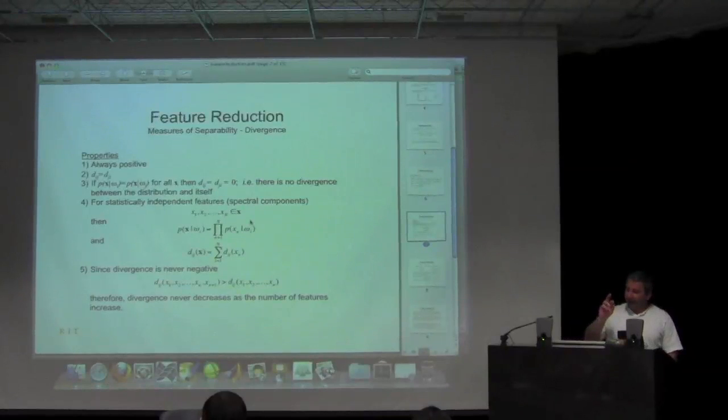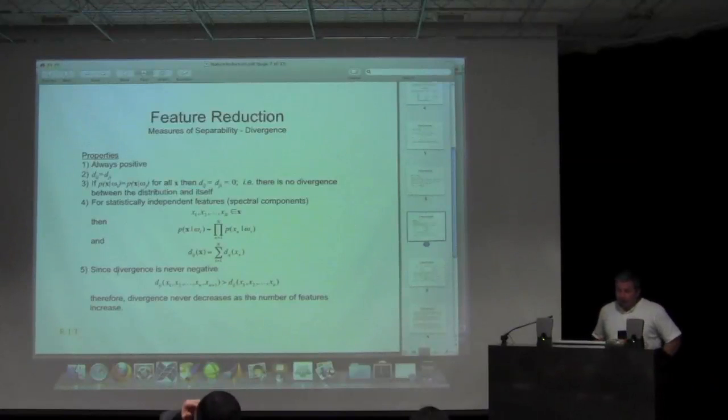We're talking about the individual spectral components inside this probability function being independent from one another, and that's an okay assumption. Then we can come up with that class conditional probability by just doing the product of the individual probabilities of each of the bands. That's not a big deal when it comes down to using it for what we want to do, but it is one of the features.